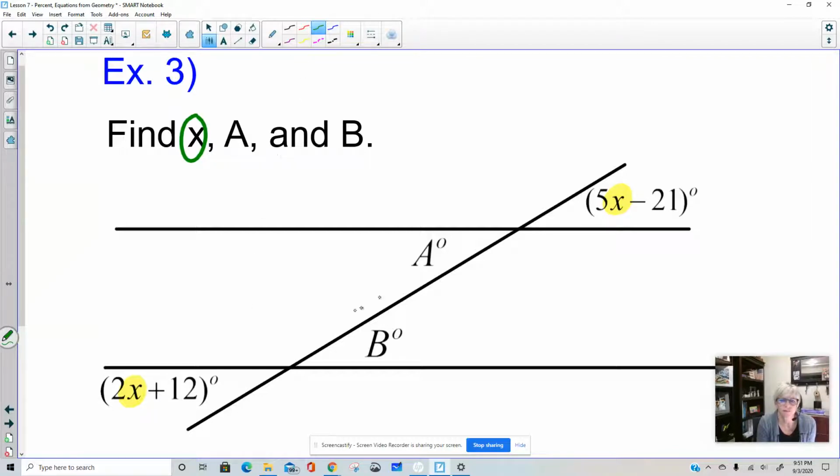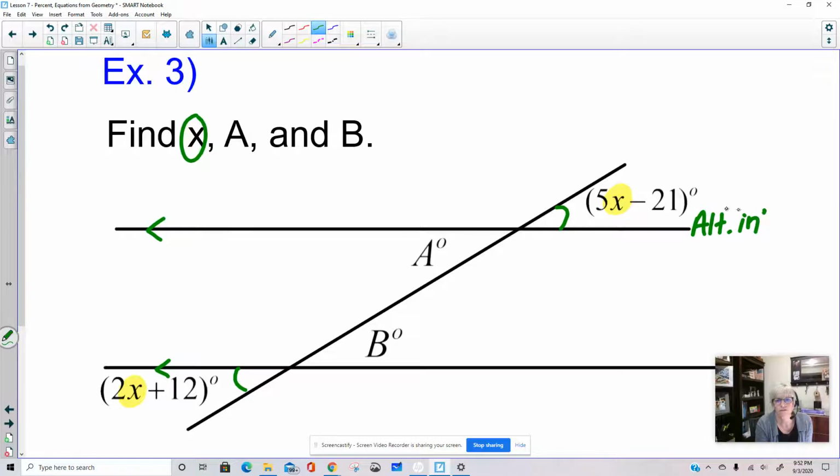Okay, and so we know that these two angles, the x's, are congruent angles by alternate exterior angles, and we abbreviate that as AEA.